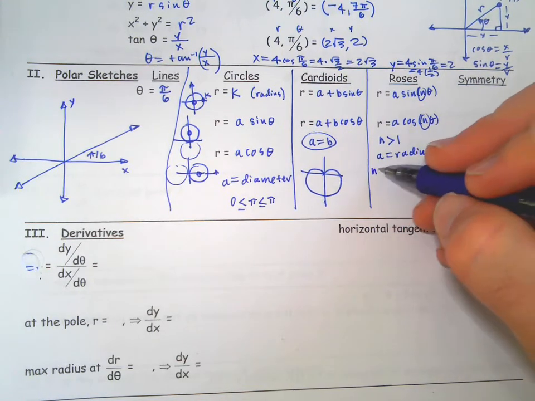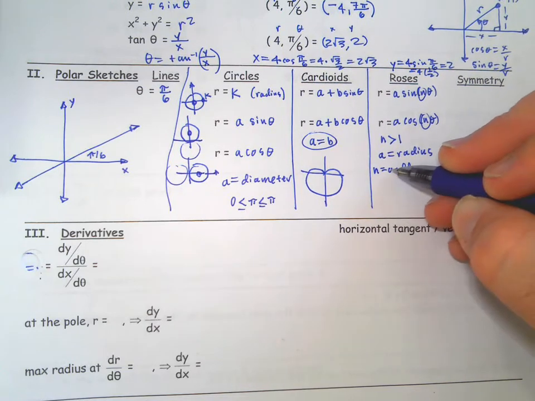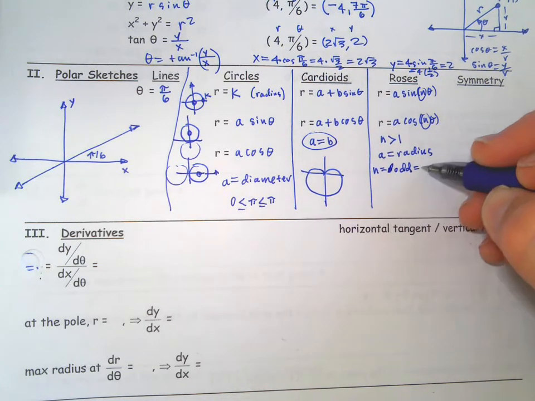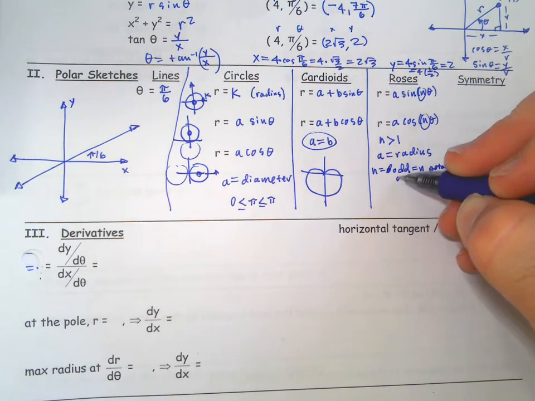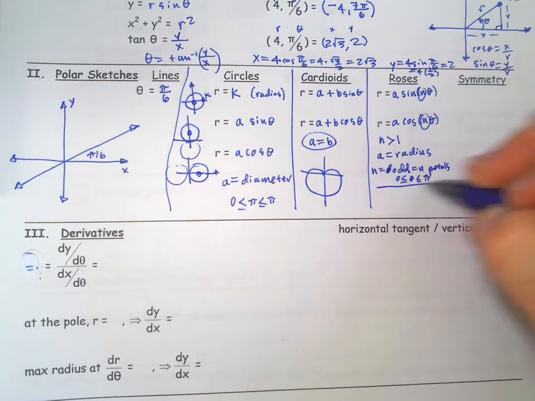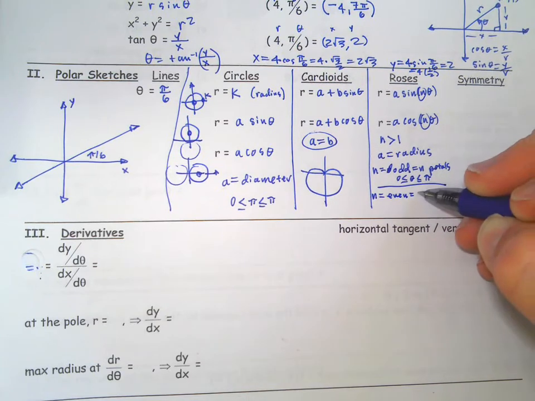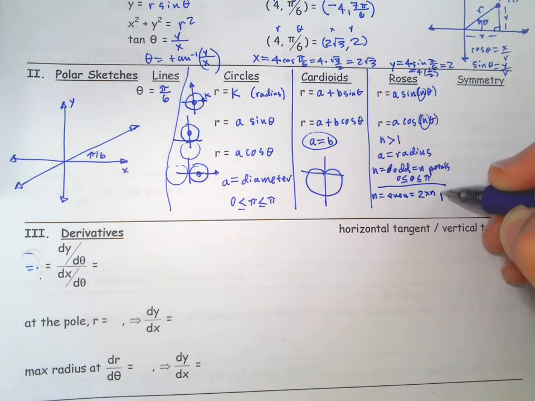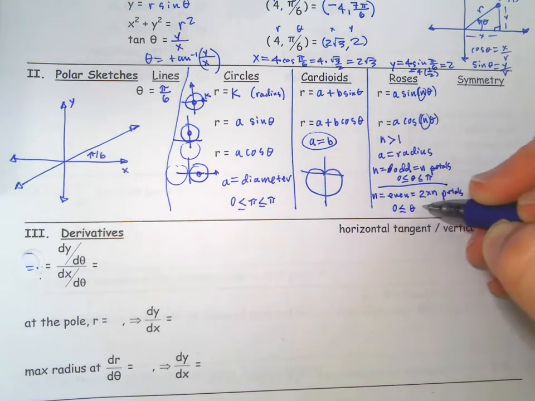If n is odd, you're going to get n petals, and then you only need 0 to pi to graph the whole thing. If n is even, you're going to get 2 times n petals, and to graph the whole thing, you have to go 0 to 2 pi.